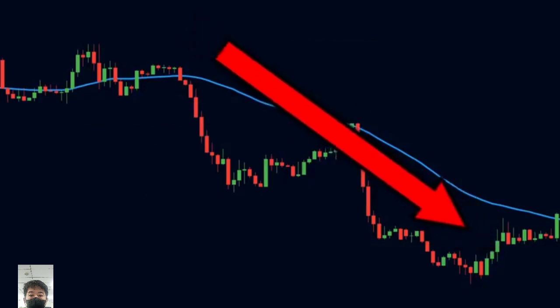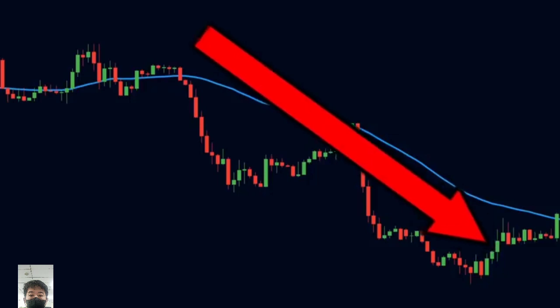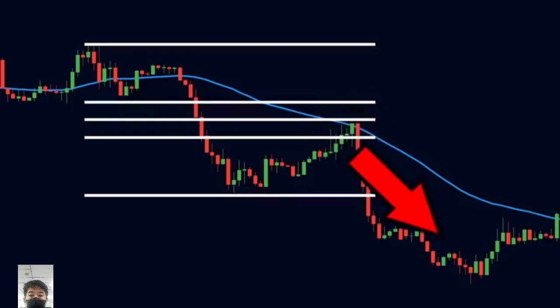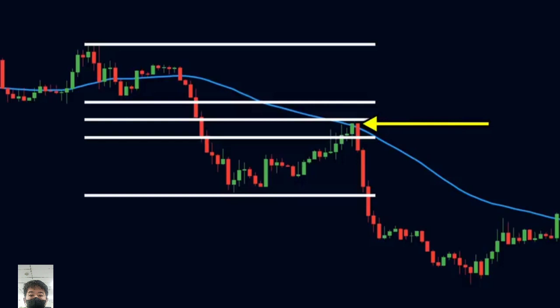Since we are in a downtrend, we expect the 50 moving average to provide resistance to the price. So, when the price touches the 50 retracement level and the moving average, we expect sellers to come in and take the prices lower. The retracement tool and the moving average coincide at the same level, which provides confirmation to the trade. So we can enter on this candle.